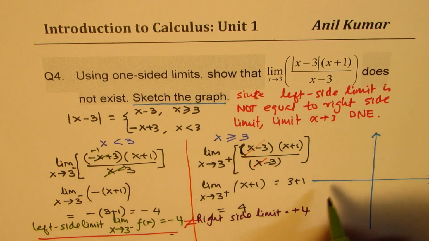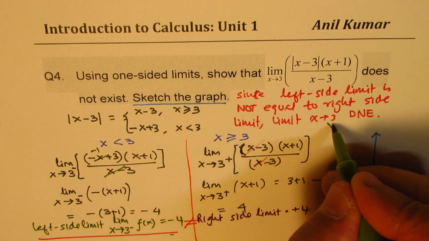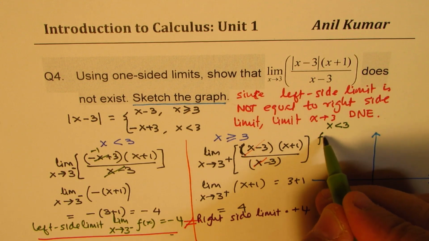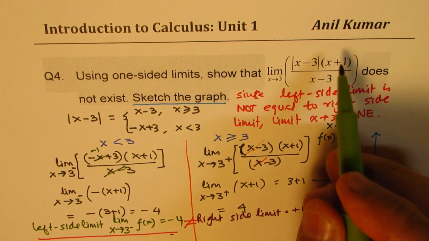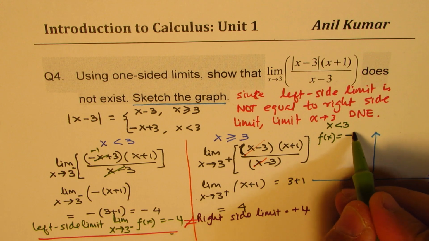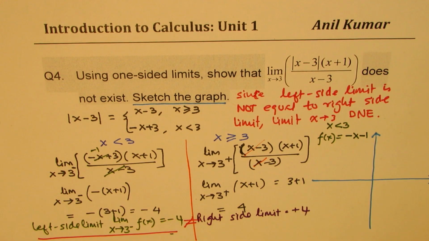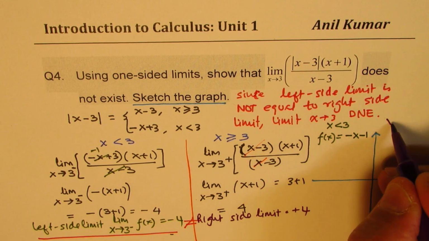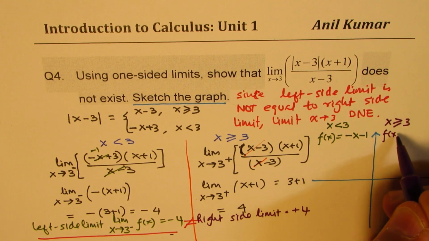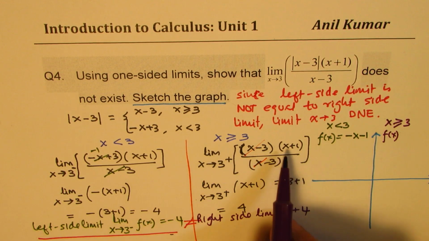So when x is less than 3, we are talking about the function which is effectively equal to minus x minus 1. That is what the function is. And when x is greater than or equal to 3, in that case, the function is x plus 1.